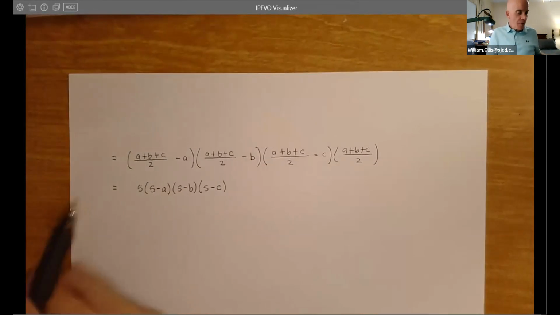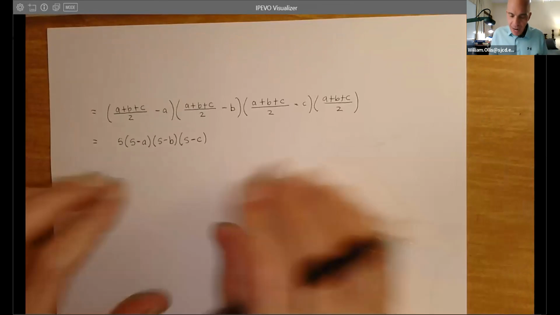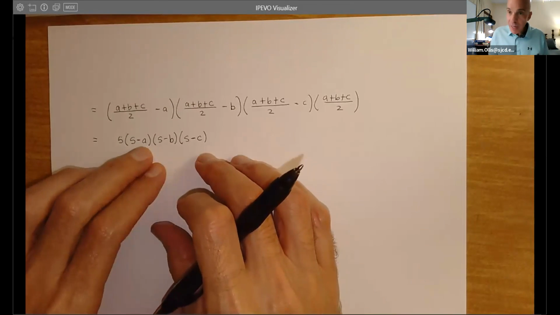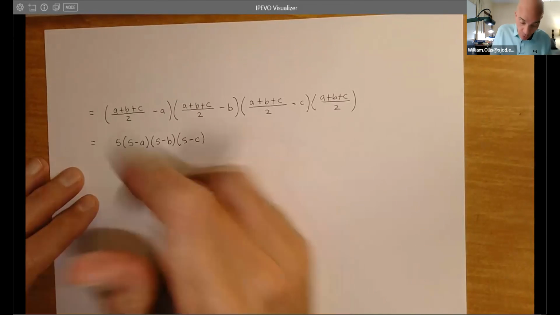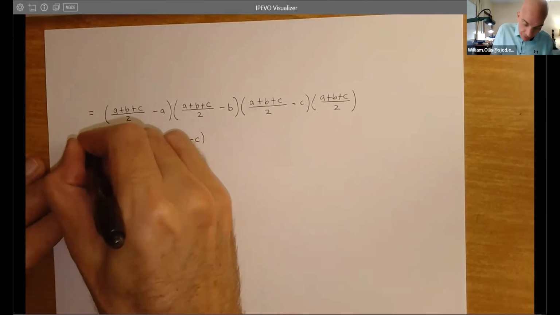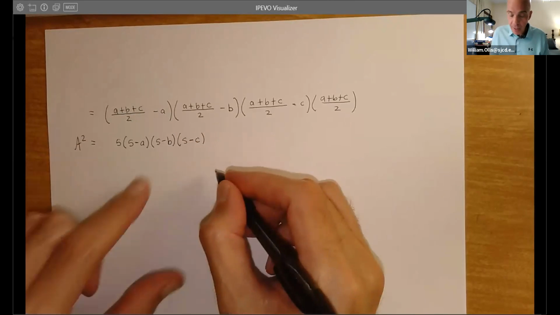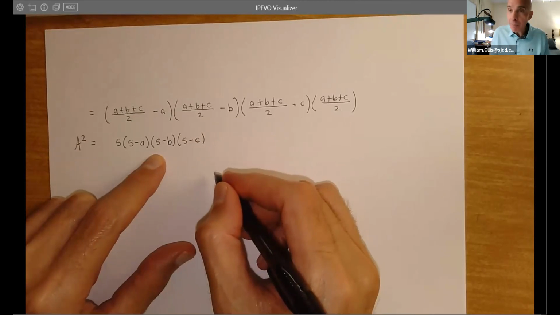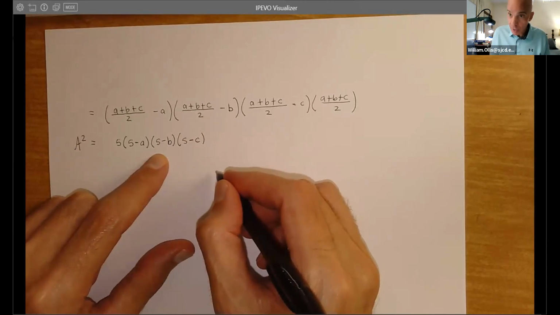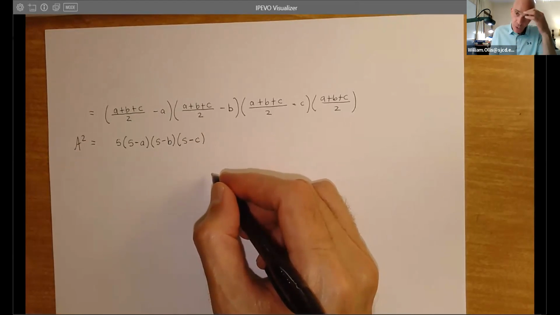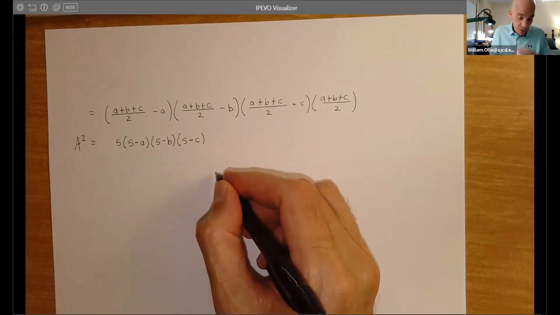So now when you think about this, it's kind of miraculous. We now have a formula for A squared. And so at this point, we're thinking, okay, is this good enough? Well, I will tell you this is good enough. This is like crazy simple compared to what we started with.